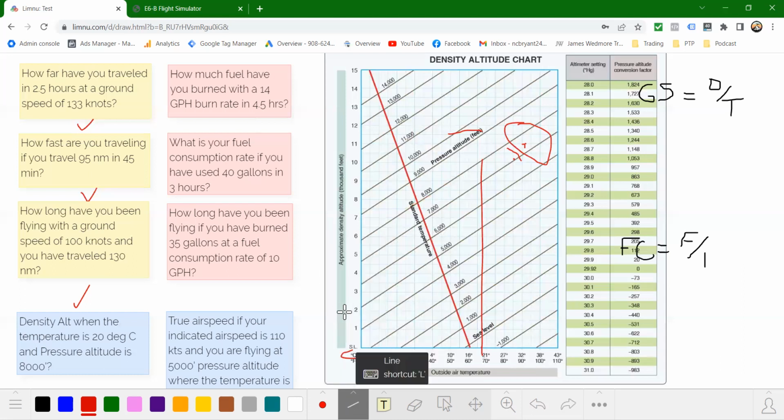Then we draw a line at the intersection over to here, and then we read off density altitude here. That's going to be about 10,200, it looks like, on this one.